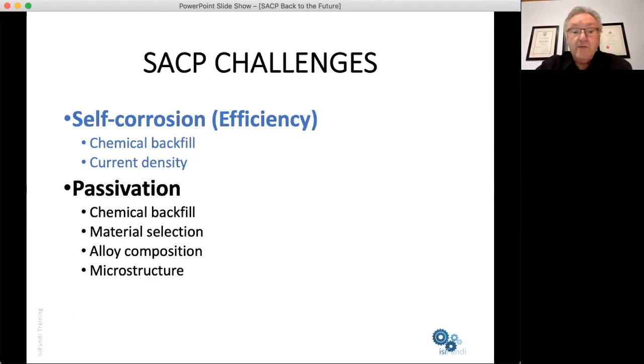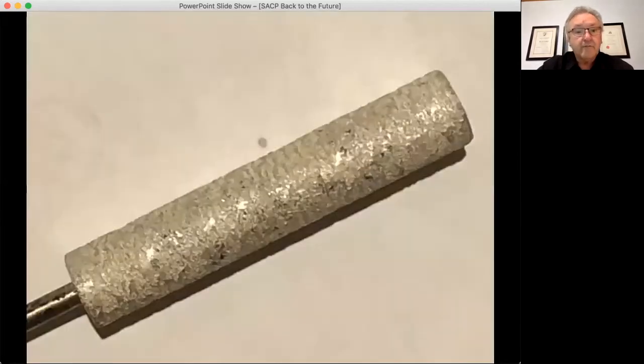The old aluminium alloys that were initially used offshore had mercury in them. These days we don't use those anodes anymore because of the toxic effects of the mercury. And then the actual metallurgical microstructure of the anode is also important in order to ensure that it stays effective.